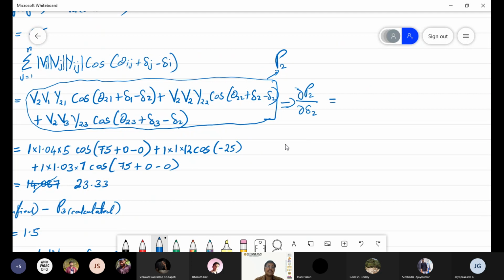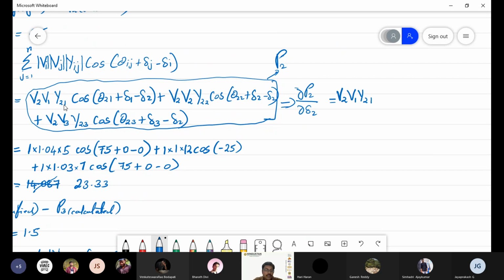Listen. So the first term, what is there? V1, V2, V1, Y21, all are constants. So you can write as it is. That is V2, V1, Y21. And if you are differentiating cos theta, what is the value you are getting?